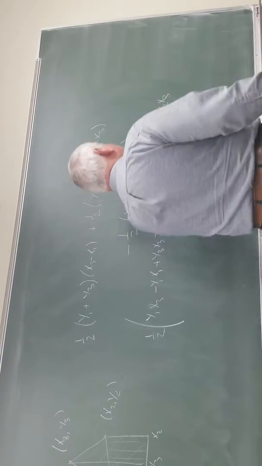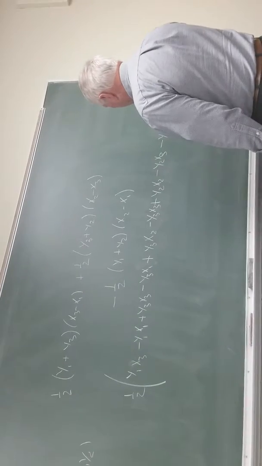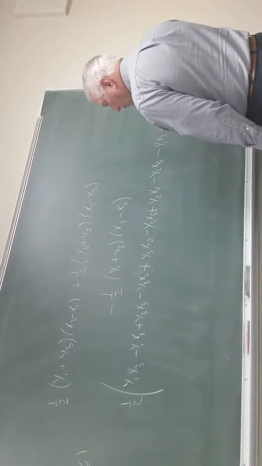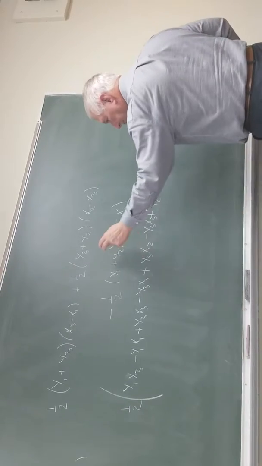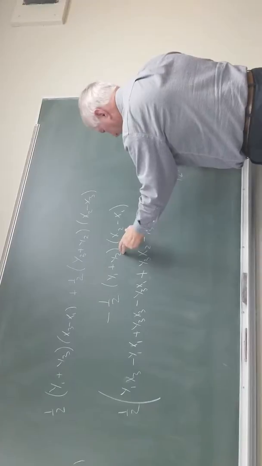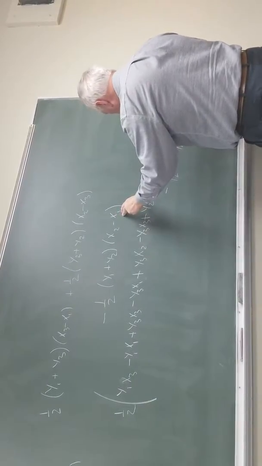And it's going to be minus these factors, so it's going to be minus Y1 X2 plus Y1 X1 minus Y2 X2 plus Y2 X1.